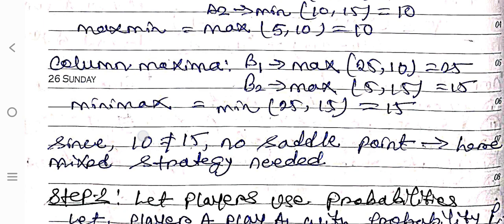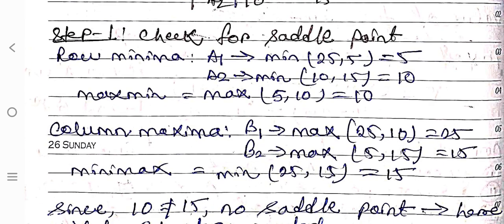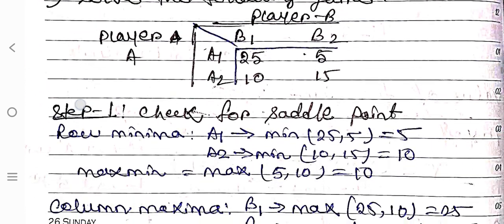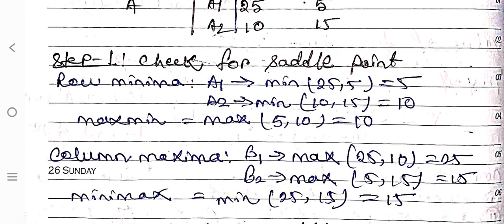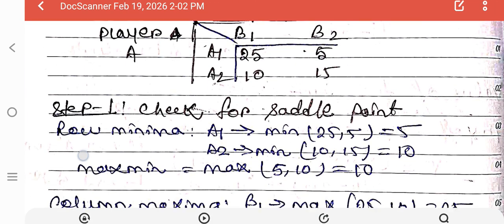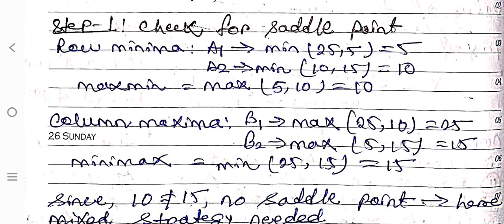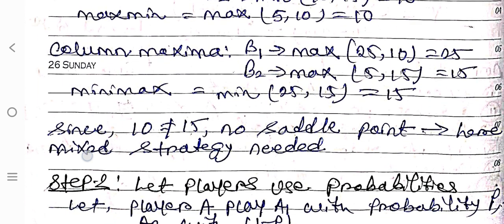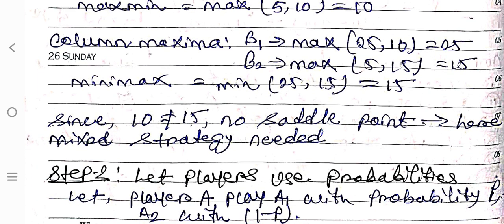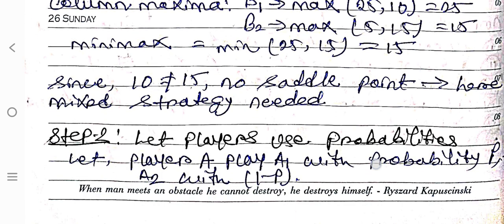Column maxima, for player B: the max of column B1 is 25 and the max of column B2 is 15. Take the minimax value, the minimum from the maximum set: minimum of 25 and 15 is 15.